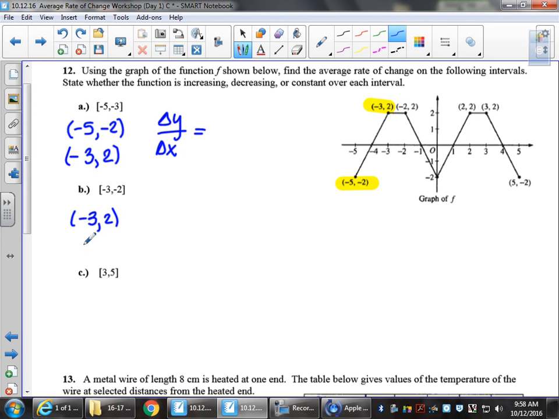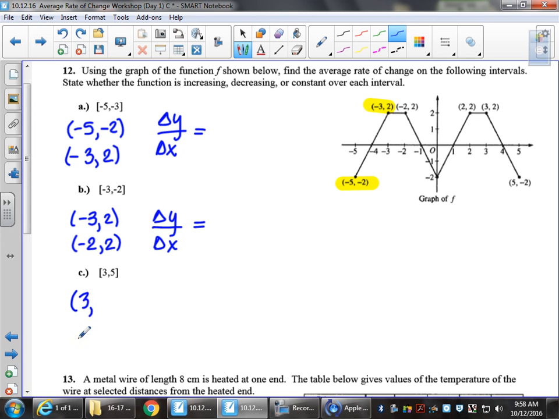What's the other x value we're going to look at? We did -3. What's the other x value in that interval? Right here, there's 2. So I say to myself, when x is -2, where is y? It's at 2. Very good. And then you're ready to go again. Change in y divided by change in x.